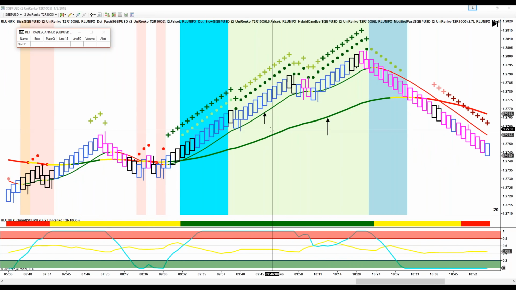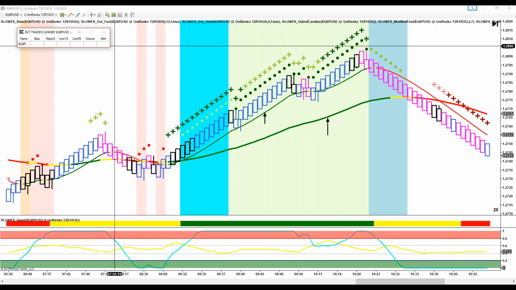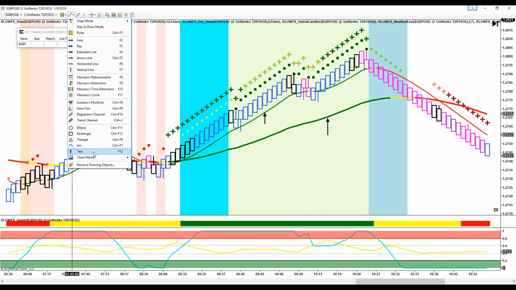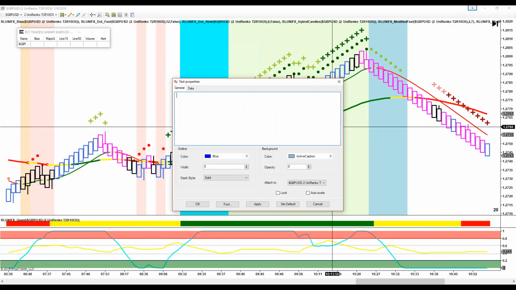So right here, we have the 50 and the 15. Now, the 50 has to be optimized. And what we do is we optimize each of these parameters individually. The 50 is a 50 EMA of a 50 EMA.